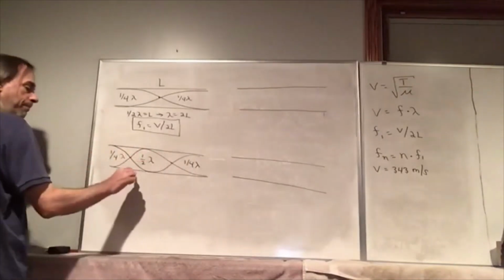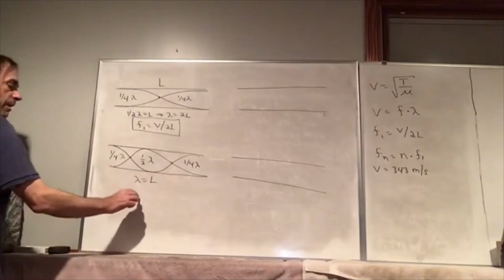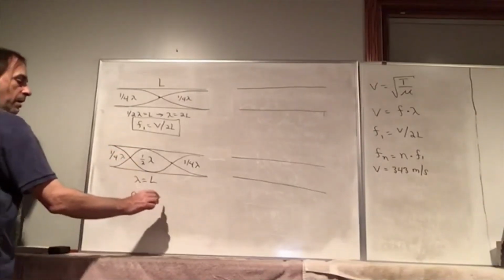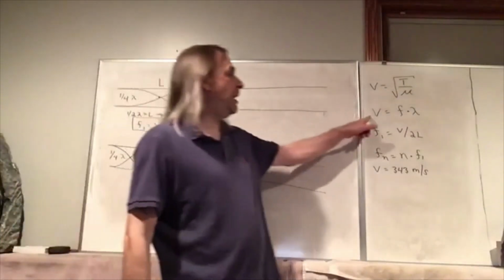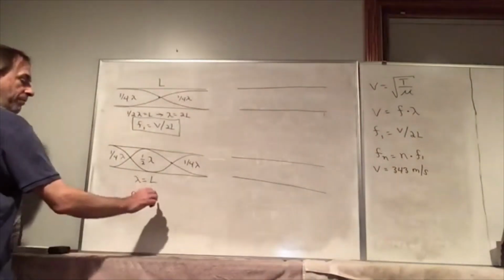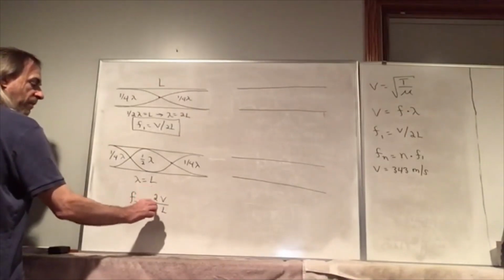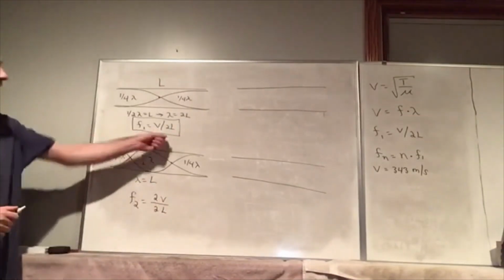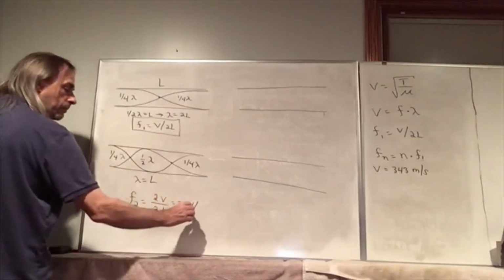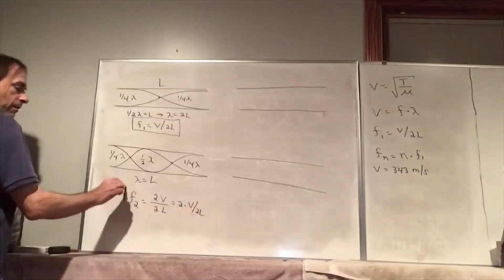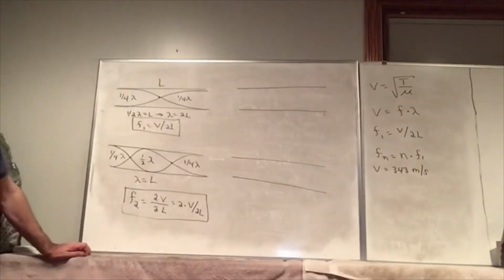If we add this all up, we see lambda equals L. And so the frequency here, this is F2, would be V over L. But, just like before, let's put a 2 on top and bottom, so we have the same denominator. And we can write it like this: for the second harmonic, 2 times the fundamental.